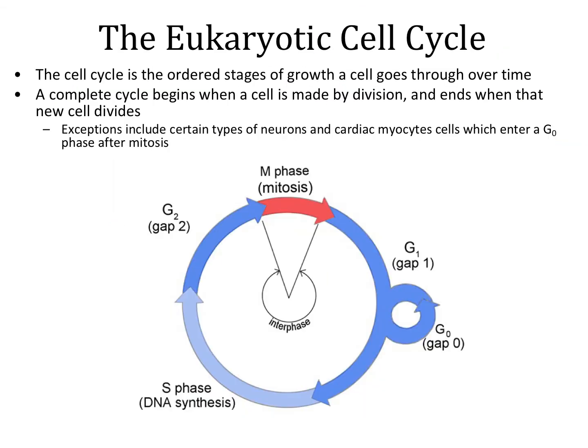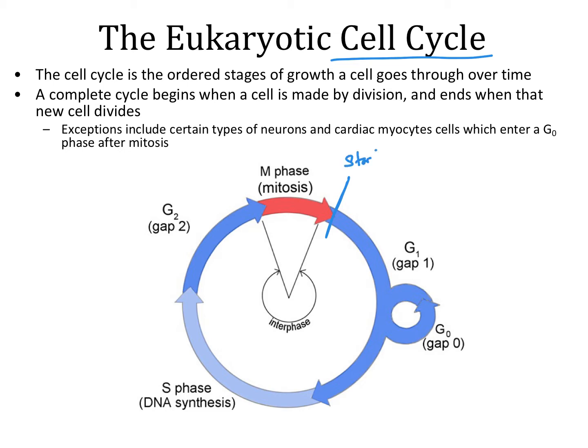For eukaryotes, it's a little more complex than that. So for the eukaryotes, we take a step back and we look at it in the context of what we call the cell cycle. So the cell cycle is the life of a cell, and it begins right after the cell divides. So right after the cell divides, this is where we start.